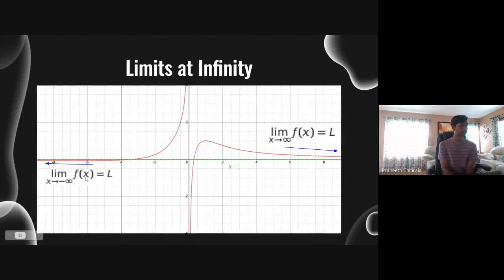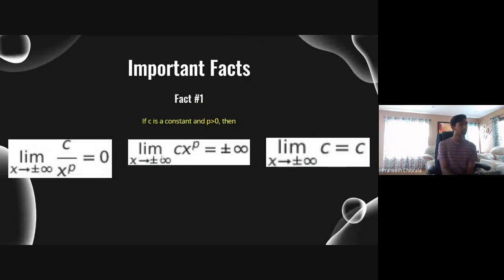So now we're going to talk about end behavior. Instead of the limit itself approaching infinity, we're going to talk about how x approaches infinity instead. So what happens when x approaches positive or negative infinity of a function? There are some important facts that you need to know before we get started.